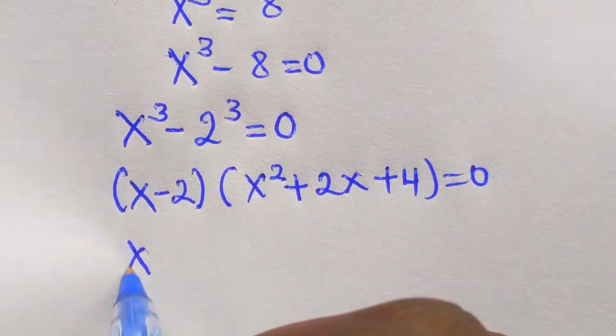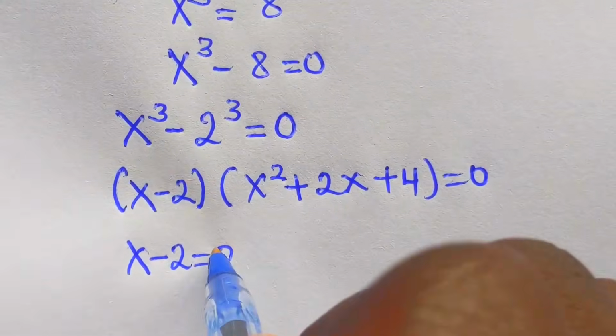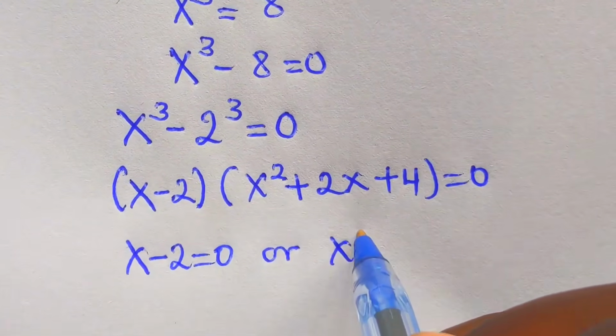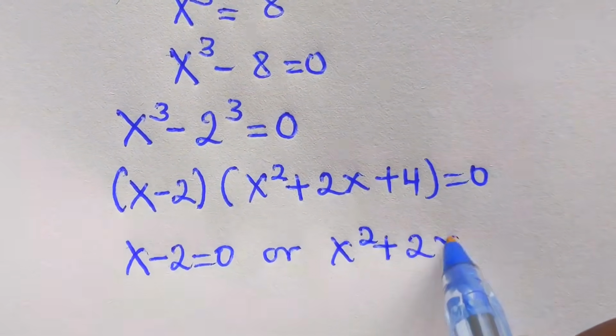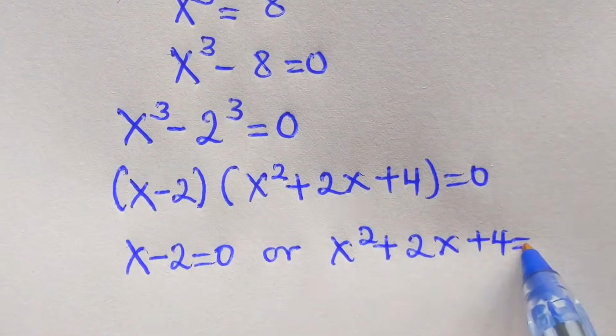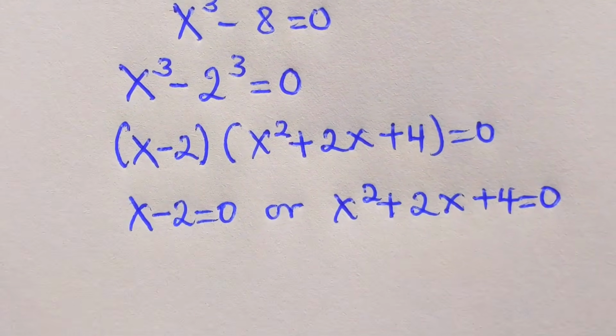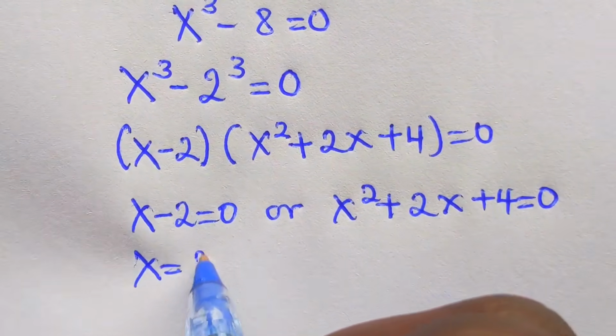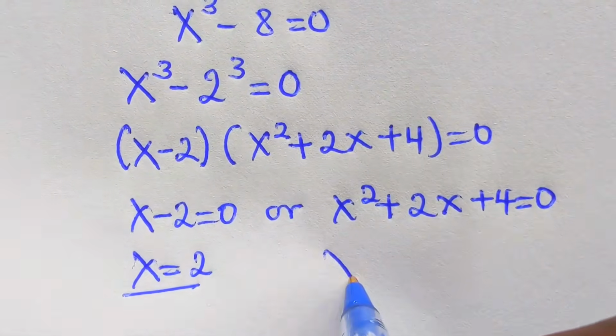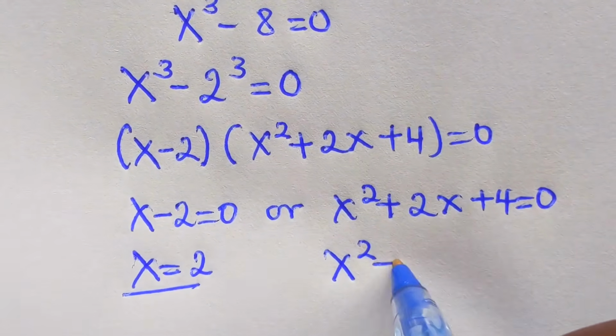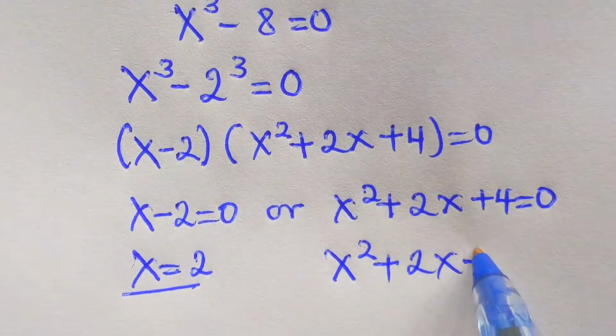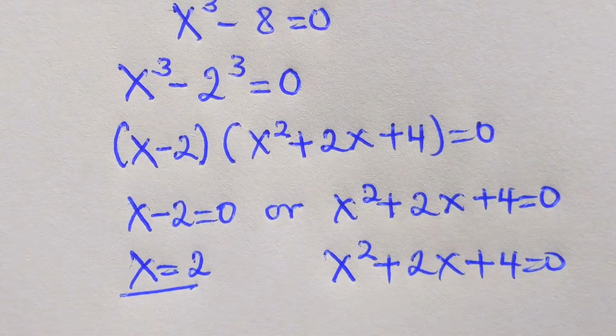Of course, x minus 2 will be 0, or x^2 plus 2x plus 4 equals 0. Here x equals 2, while x^2 plus 2x plus 4 equals 0.